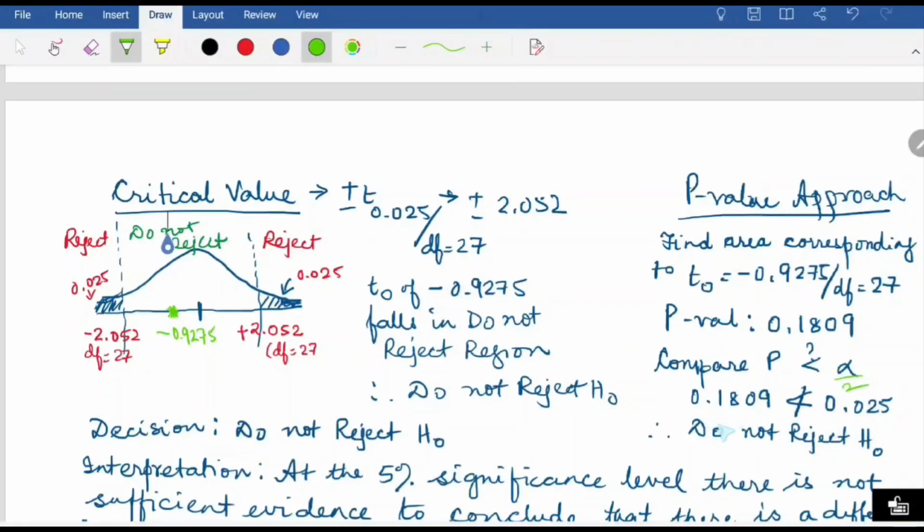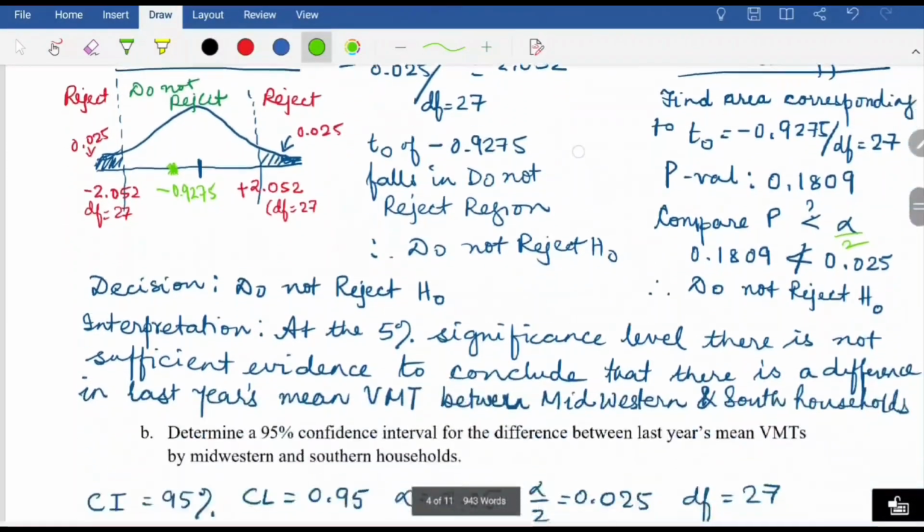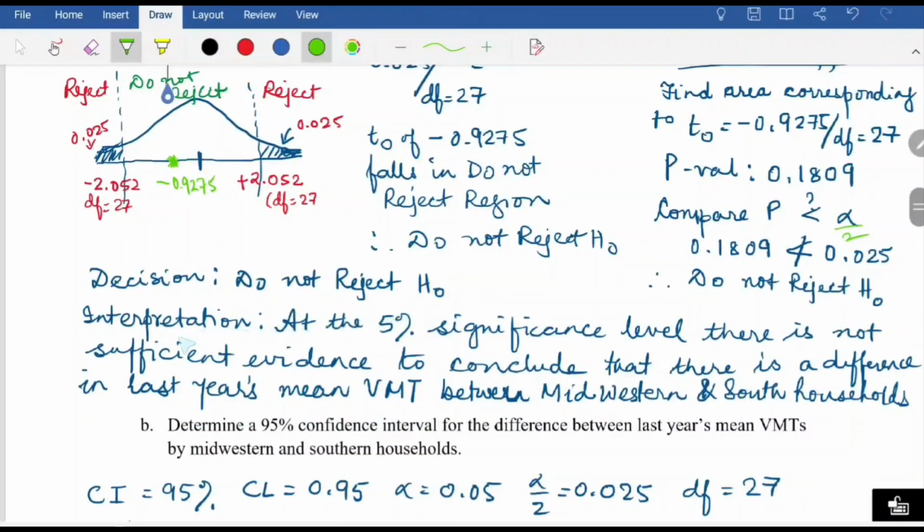So in any case, 0.1809 is not less than 0.025. So we do not reject the null hypothesis. 0.18 is way larger than 0.025. So the decision is do not reject the null hypothesis.